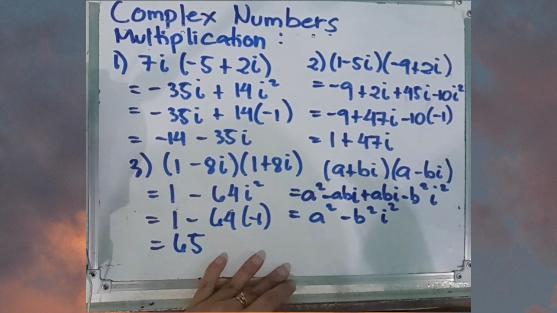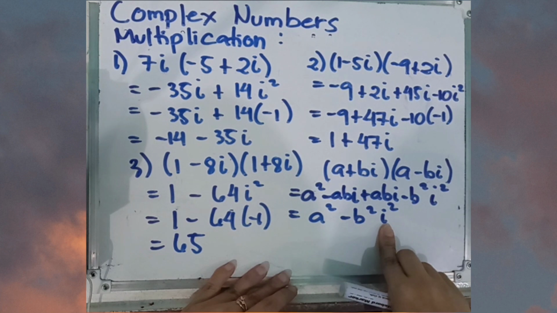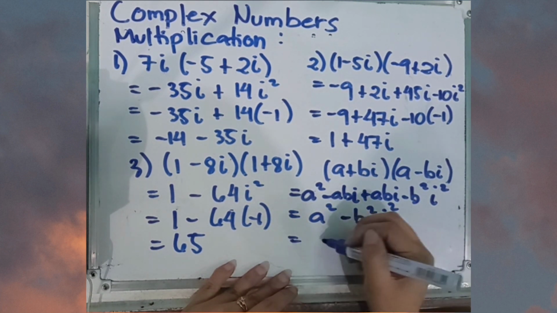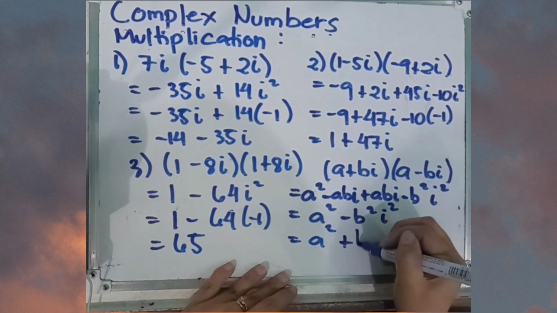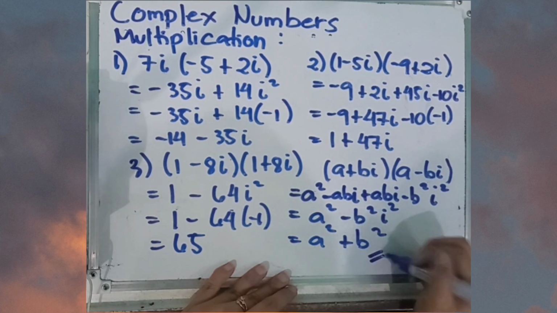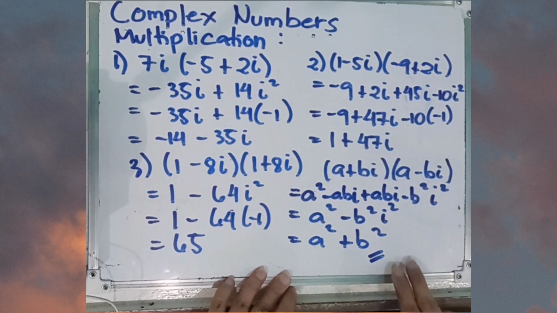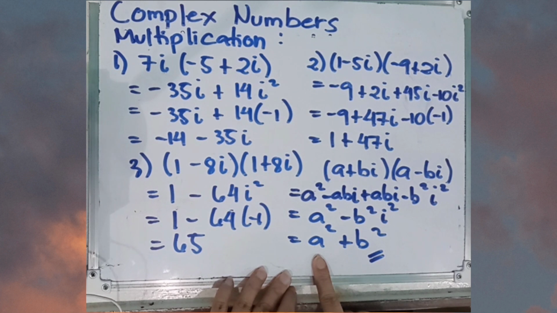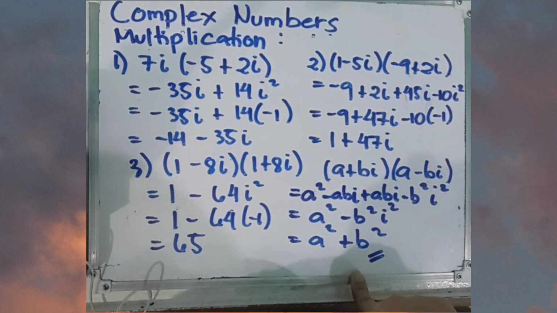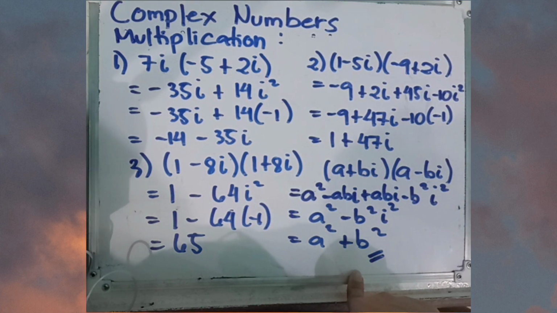But then again, since i squared is equal to negative 1, and negative times negative will be positive. So therefore, generally, for complex numbers, the product of conjugates is equal to the square of the first term, the square of the second term, and the sign is positive. So that's a squared plus b squared.